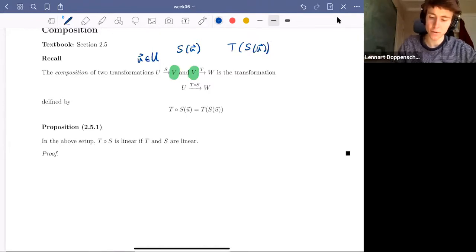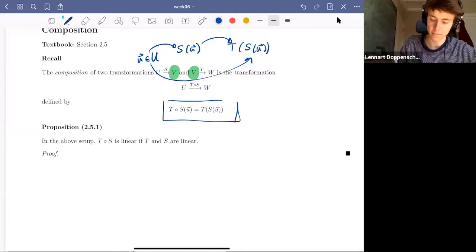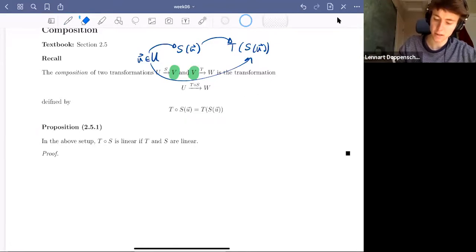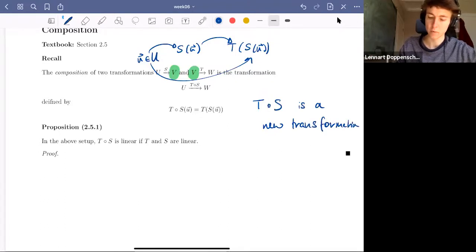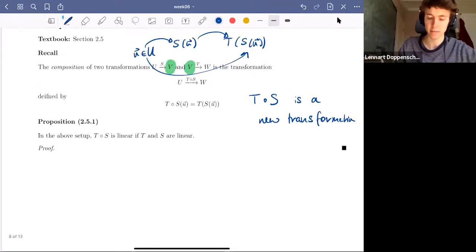And if you go from u to S of u, and then from S of u to T of S of u, we just want to give a name if you go directly from u to that result. And this is called T composed S. So I've written exactly here that we consider T composed S, a new transformation which is exactly the concatenation of S and T. Notice that the order of writing T composed S is by the order that you apply it.